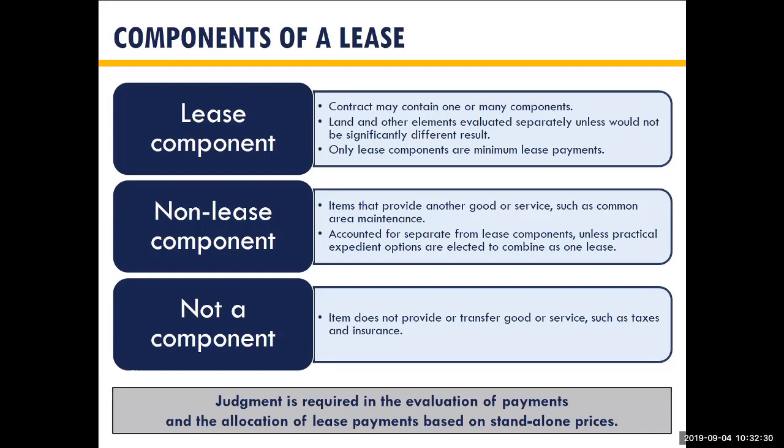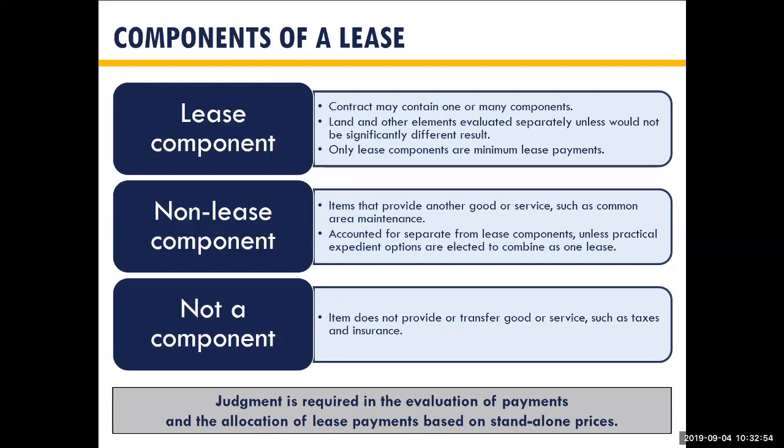The good news here is they would not be part of that lease liability unless for some reason you would elect to not separate those because maybe they're just built into the lease cost and there's no easy way to separate them. But then you would have to do that for all of your office space leases. So it's by class of asset that you'd have to make that election.